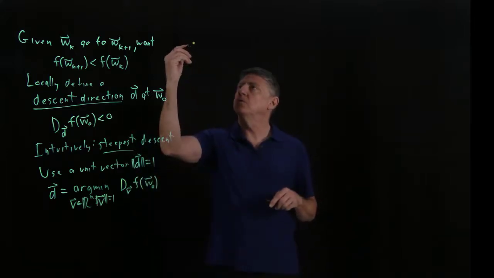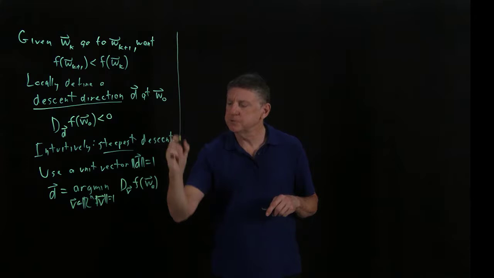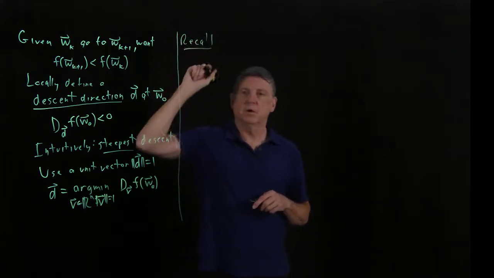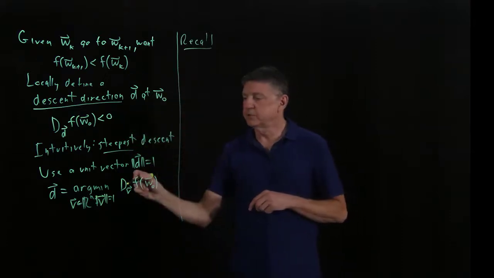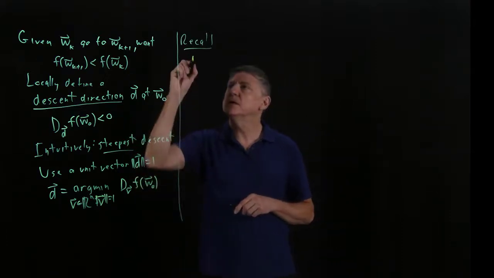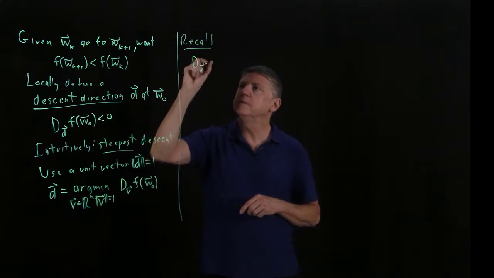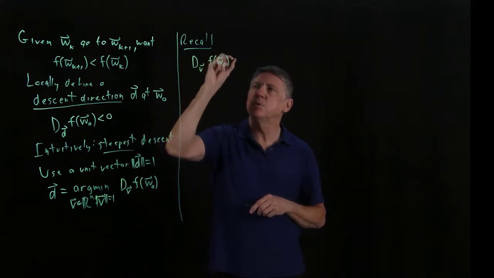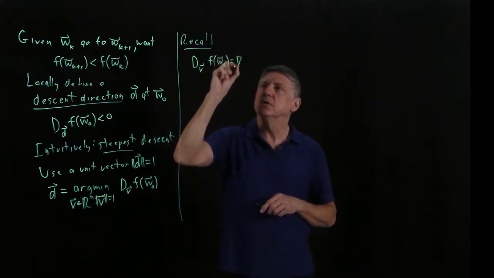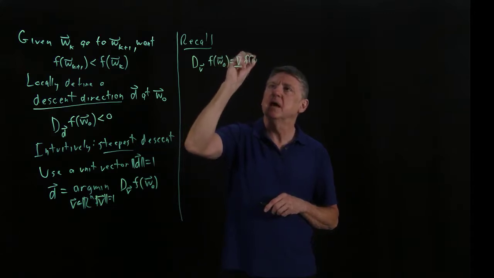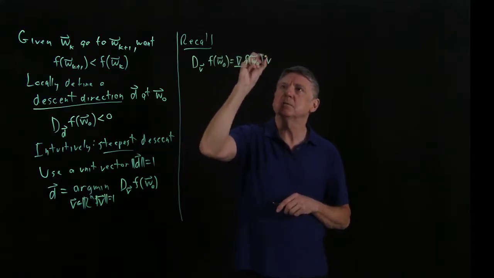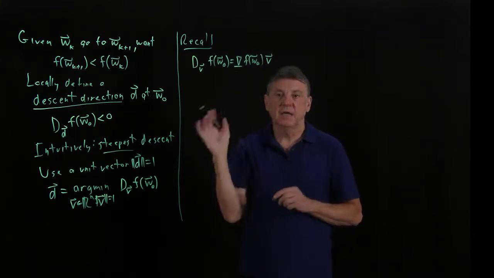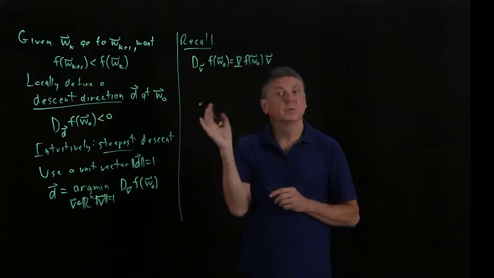So let's recall from previous lectures that we can write this directional derivative using the gradient. We can say that the derivative in direction v of a function at a point is the gradient one-form of the function at that point times the direction. And here we're supposing that v is unit length, so it's non-zero, so this works.